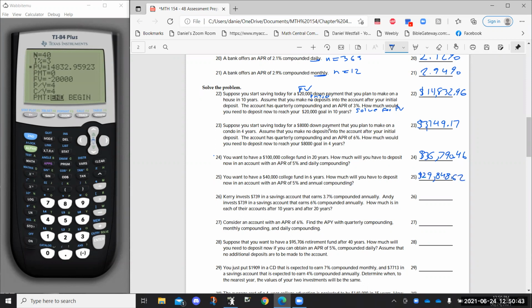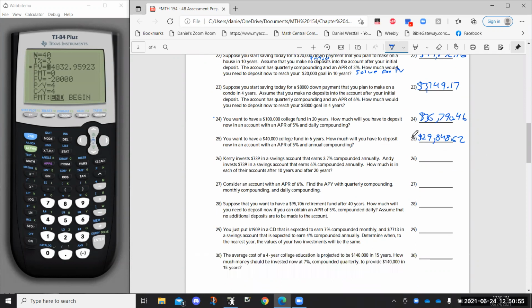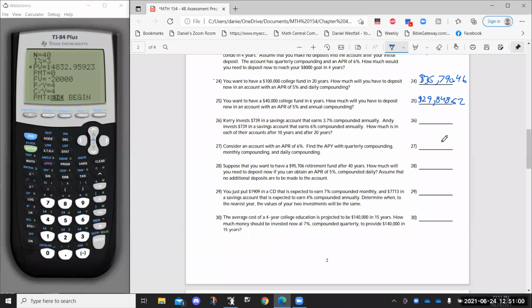Okay, so all of those between 22 and 25 are all the same kind of problem. We're asking how much do you have to invest in the account now to have a certain amount that you want later. Now it's going to ask about, you do make the investment and somebody else makes a different investment.